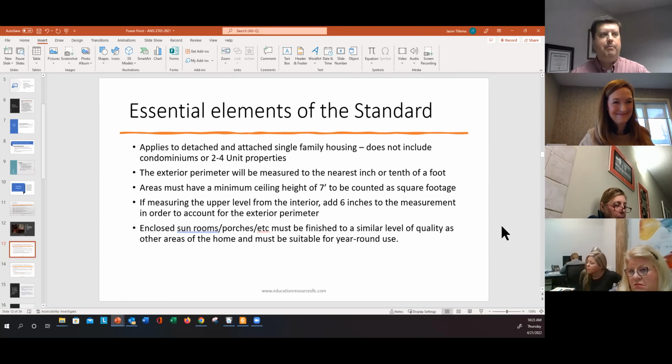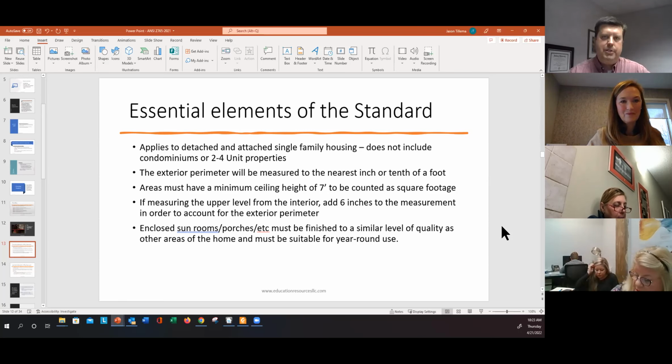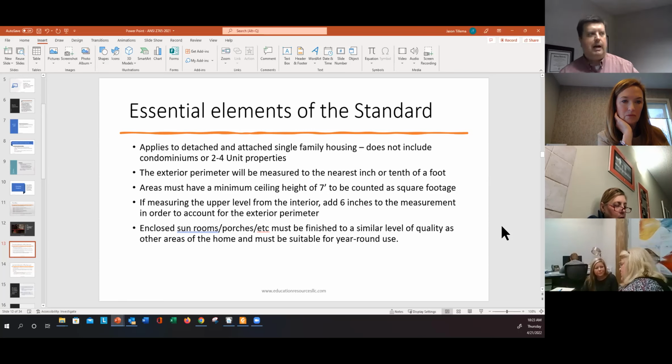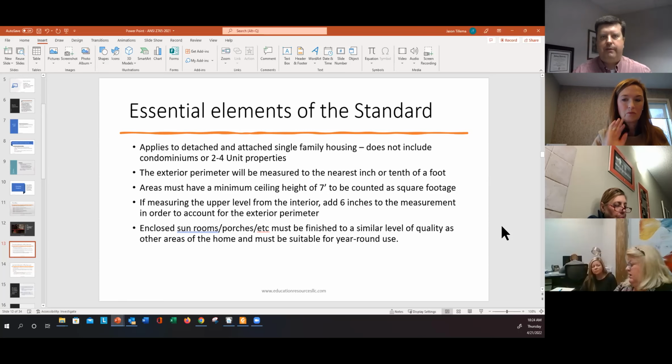But in those instances, appraisers do have an exception code that they can apply in their appraisal report. So if I go out and look at this home and I know it's not 7 feet, but it's 1,500 square feet, Fannie Mae really doesn't want us to report that as 0. And so I could use the exception in that instance, put the code in the report, and then report the 1,500 square feet.